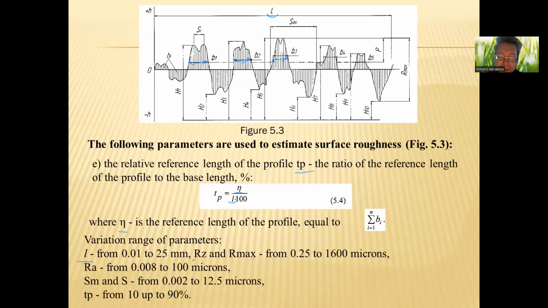Parameters of roughness R suffix Z and R maximum can be from 0.25 microns or micrometers to 1,600 microns or micrometers.